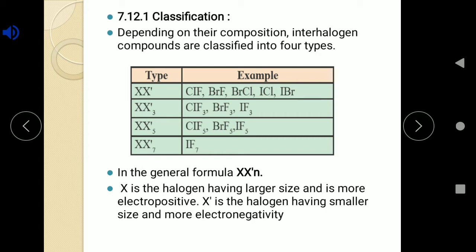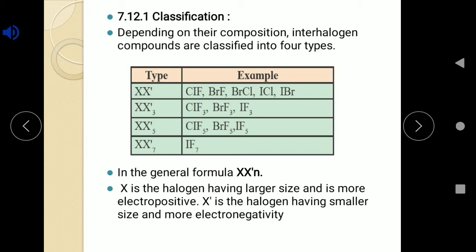So the XX' combination will be like this. X will be the halogen which is at the lower side and X' will be at the upper side. If we consider the sequence fluorine, chlorine, bromine and iodine, as we move down, the first element is fluorine. That means fluorine will always be X' because it is at the topmost position with the highest electronegativity and smaller atomic size.